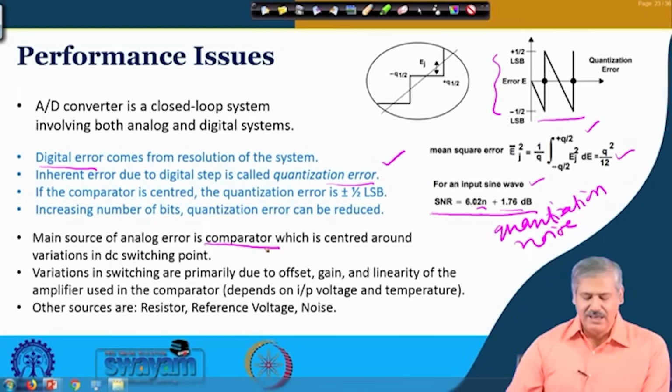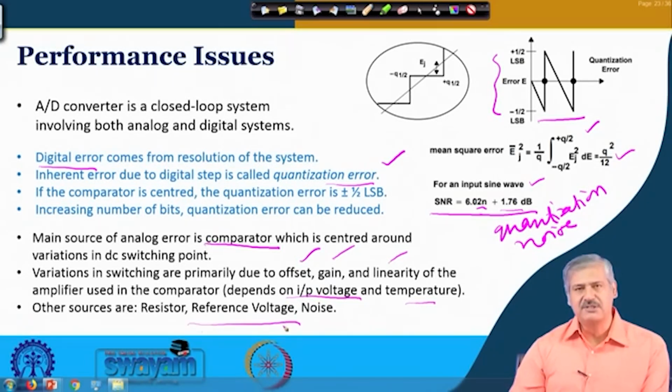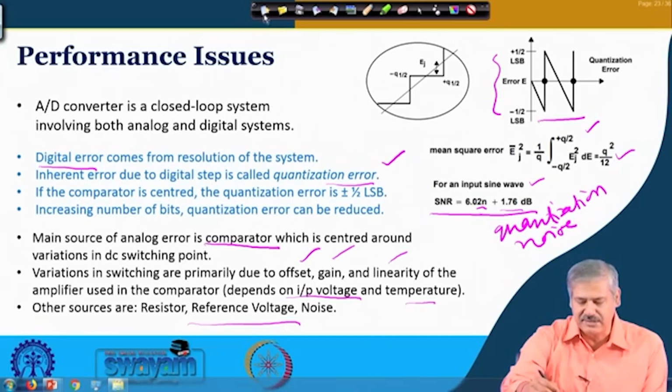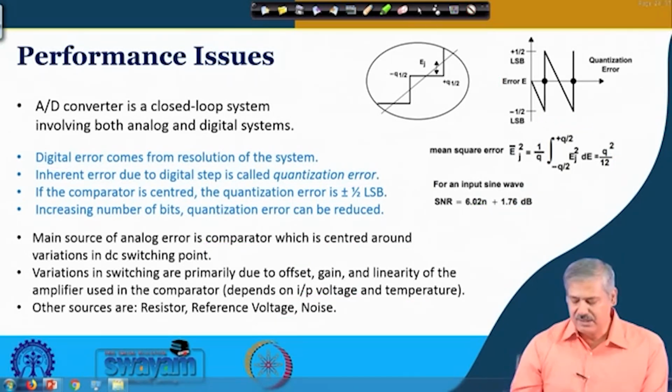And variation in the switching happens because of the offset, gain, and linearity of the amplifier, all those things, which often depend on the input voltage and temperature. So, there are some other sources. We shall look into them and understand them a bit more in the subsequent slides.